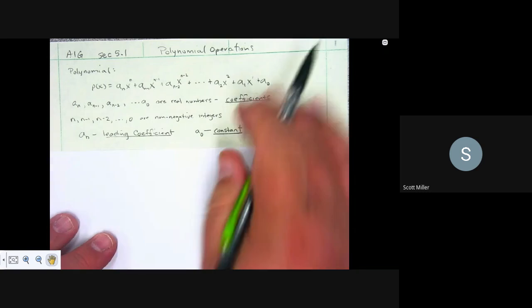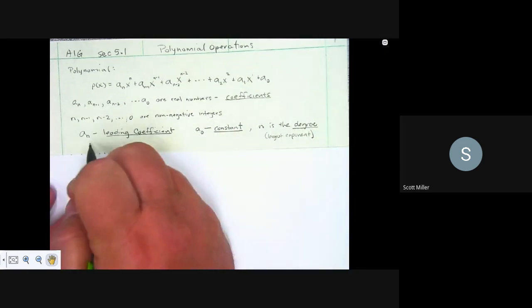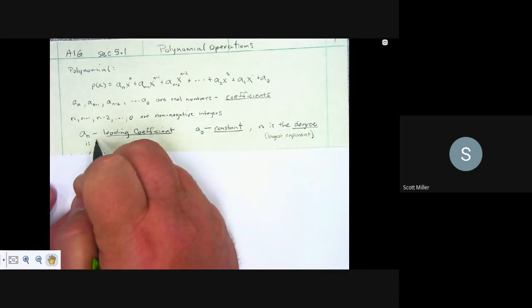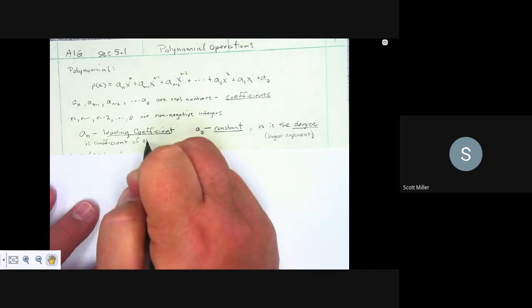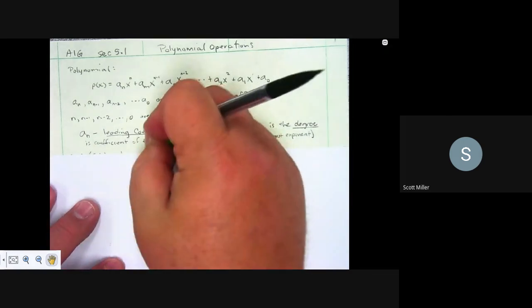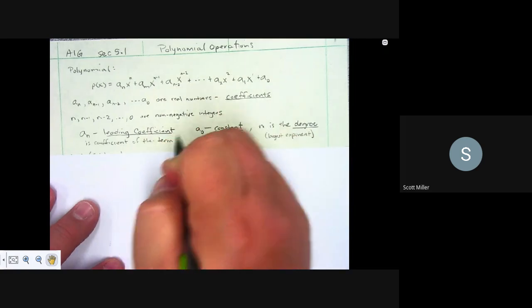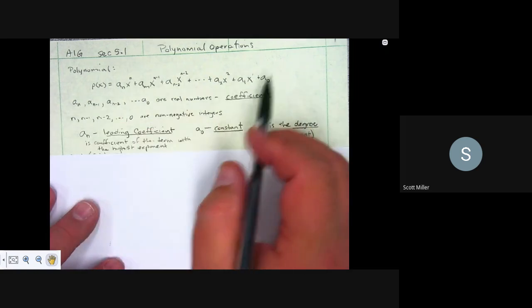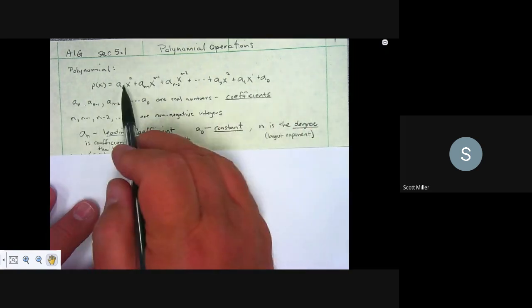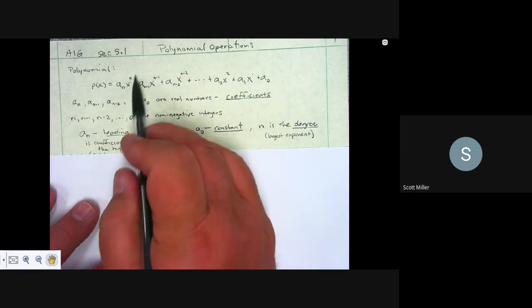Even if these terms were all mixed up, the leading coefficient is the coefficient of the term with the highest exponent. So no matter where it is in the terms here, if this is all jumbled up, the leading coefficient is always the number in front of the x with the highest exponent.